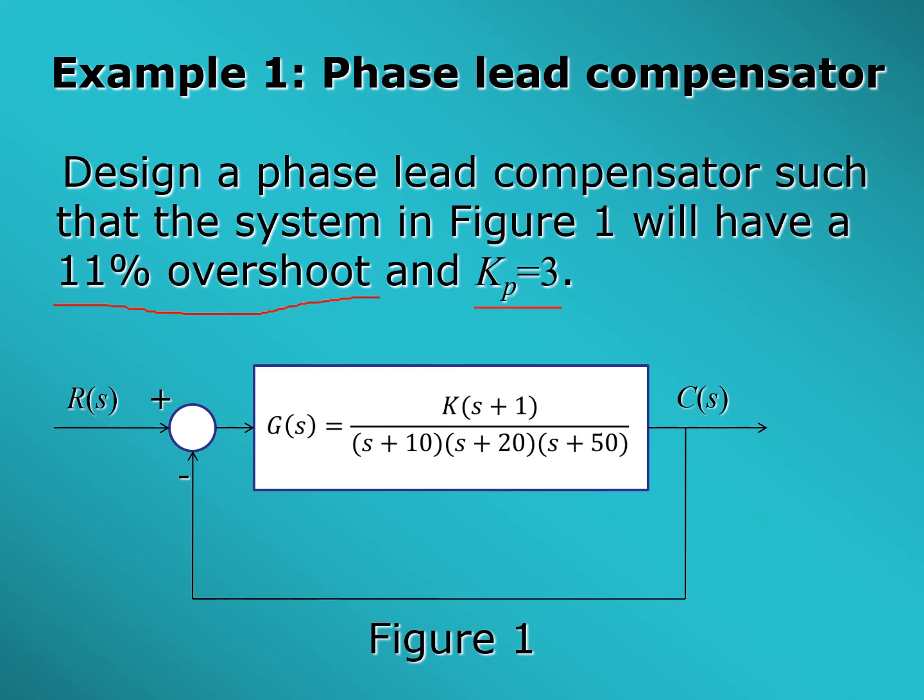So this is the design requirement, 11% overshoot and Kp equals 3. Figure 1 shows the system. G of s is the system, and you need to design a phase lead compensator G lead. You will put G lead in front of the system.